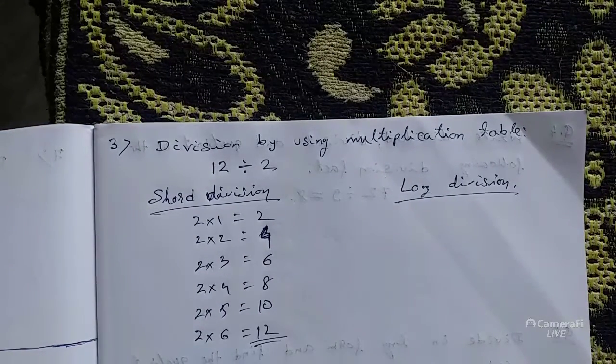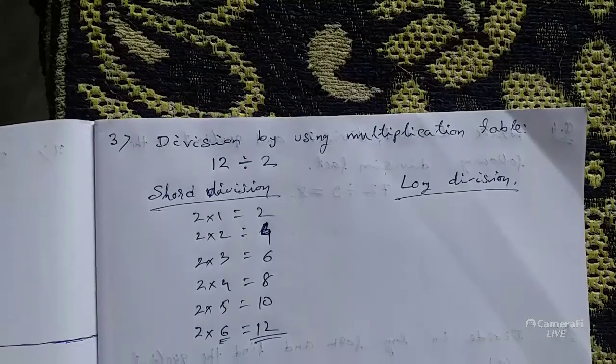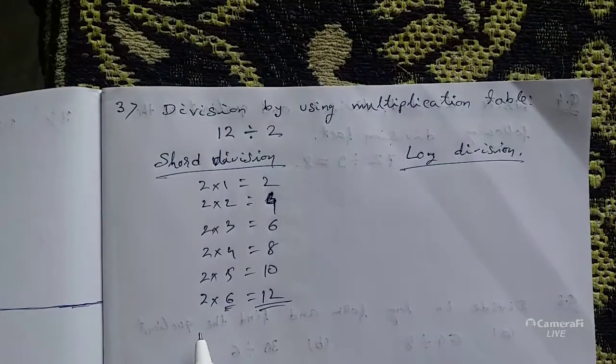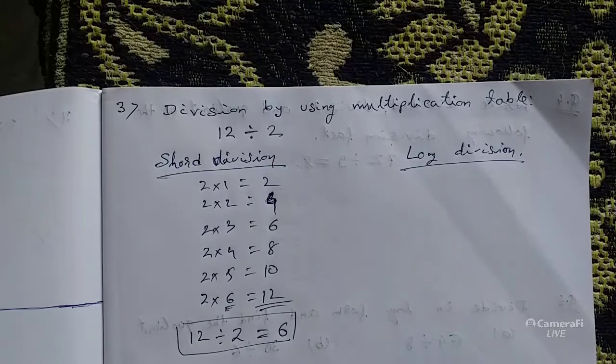So we get 12 at the 6th step. So by using the short division method we can write that 12 divided by 2 equals 6. This becomes the result. So this is the method of short division.